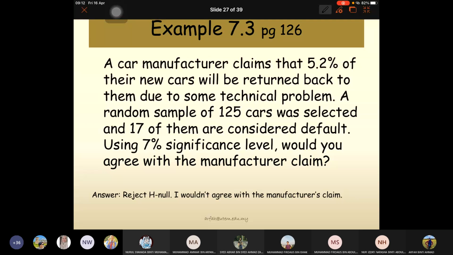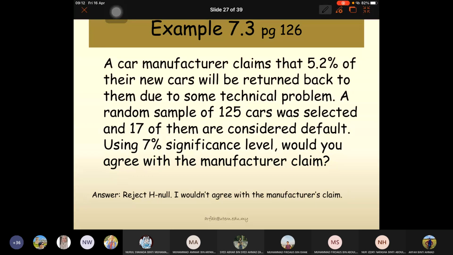So for example 7.3, a large manufacturer claims that 5.2% of their new cars will be returned back to them due to some technical problems. So a random sample of 125 cars was selected and 17 of them are considered default. So using 7% significant level, will you agree with the manufacturer claim?